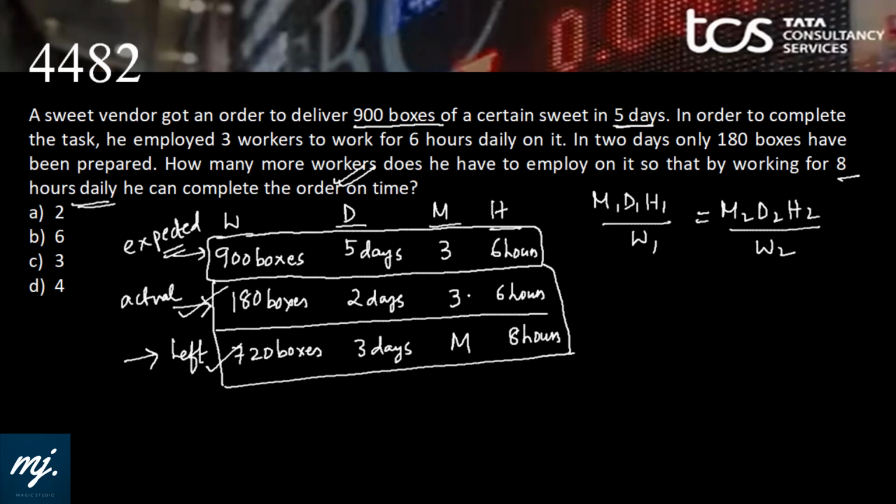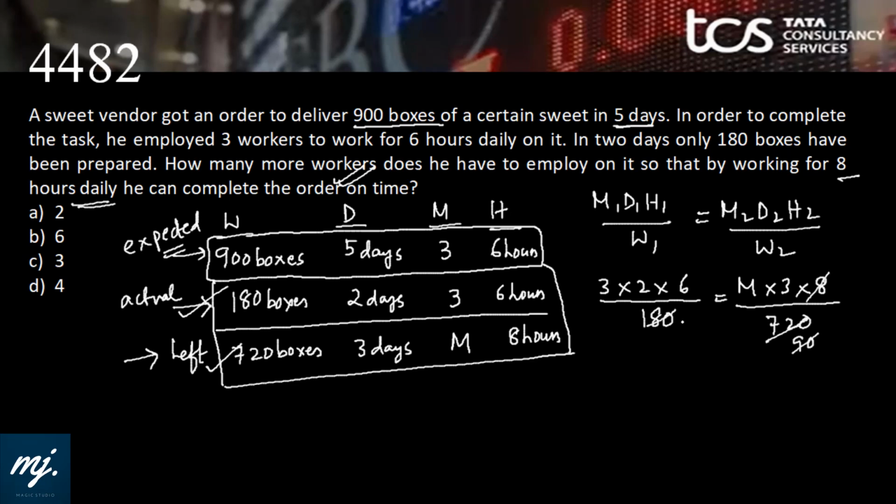Let's fit this in. Here M1 is 3, days 2, hours 6, work done 180. Here M2 is M. We don't know how many people would be invested. Days remaining 3, hours working is 8, and job remaining is 900 minus 180, that is 720.